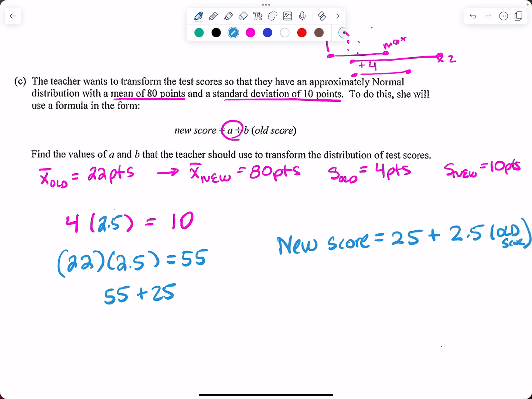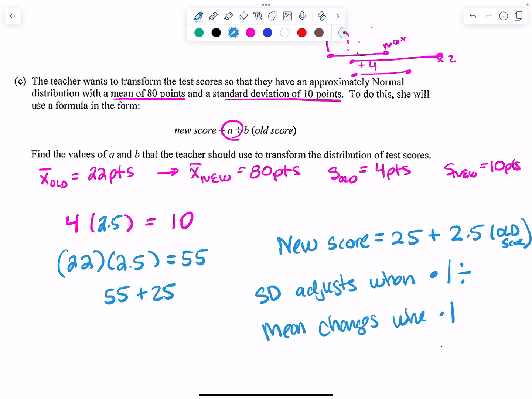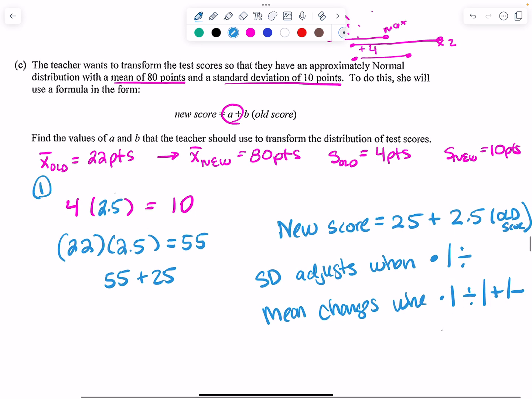Again, the standard deviation changes when multiplied or divided, and the mean changes when multiplied, divided, added, or subtracted. So step 1, I found the standard deviation.